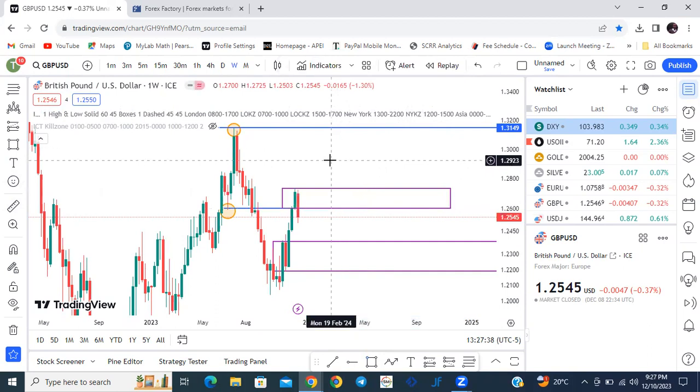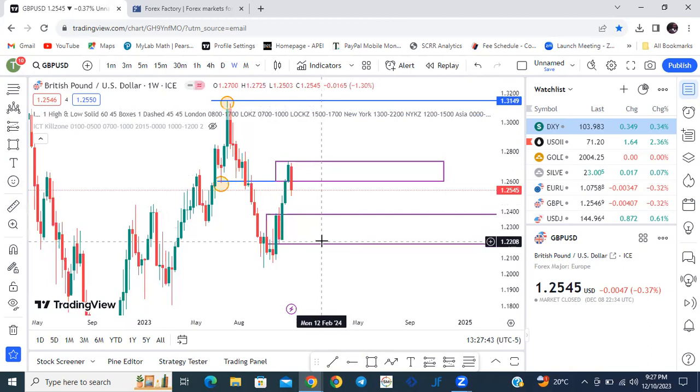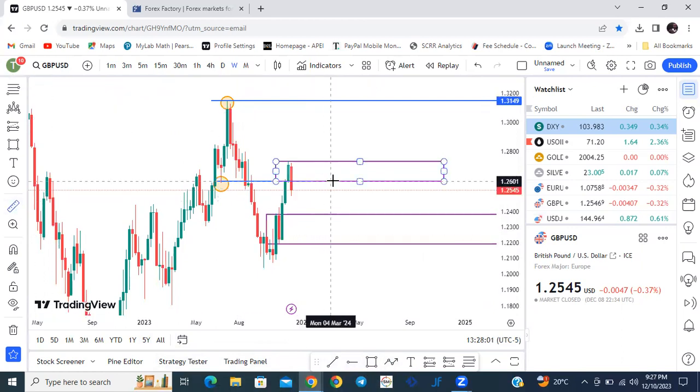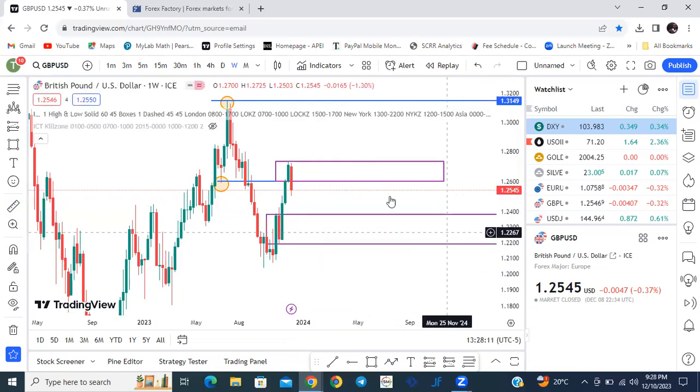Since the trend is a downtrend, the price might come back once it opens at midnight. We might see the price coming back to this area, and then selling to this weekly demand level. So the weekly demand level becomes the first target.